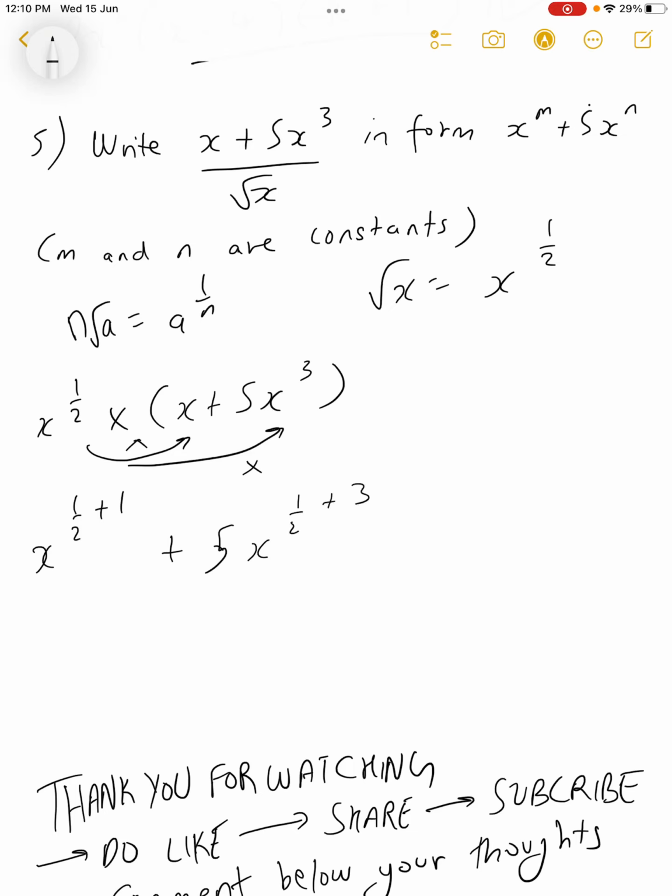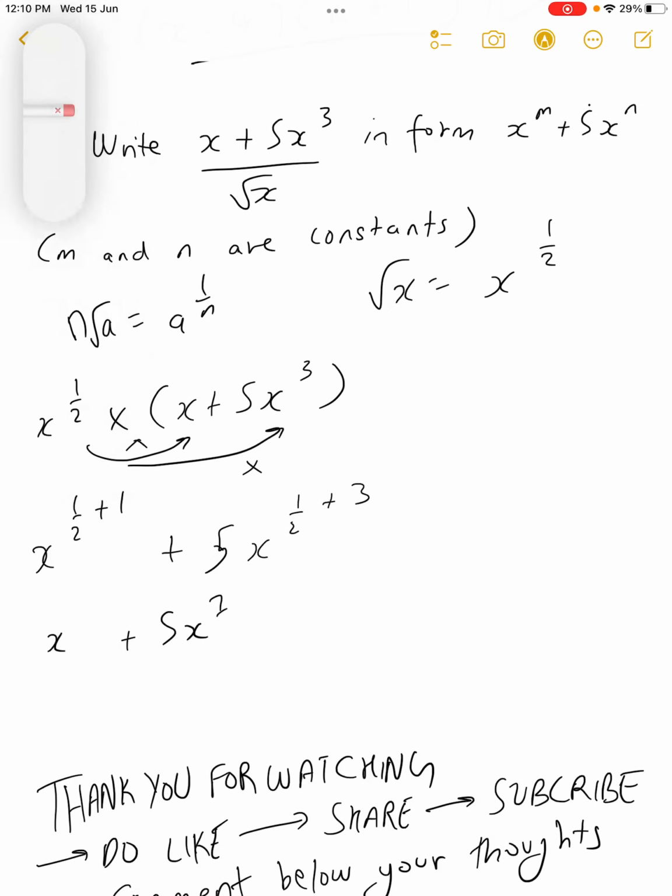Alright, so now this will give you x. So if you put this in your calculator, half plus 1, you get 3 by 2, right? Alright, and you get 5x, and if you do half plus 3, you get 7 by 2. Also one thing to catch up on, we cannot leave this as this value.